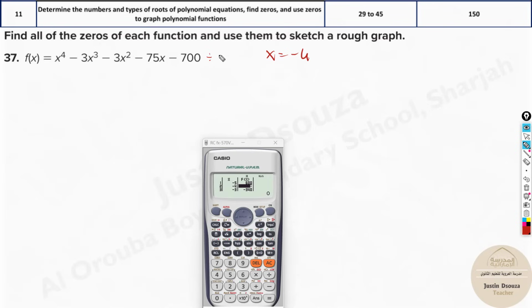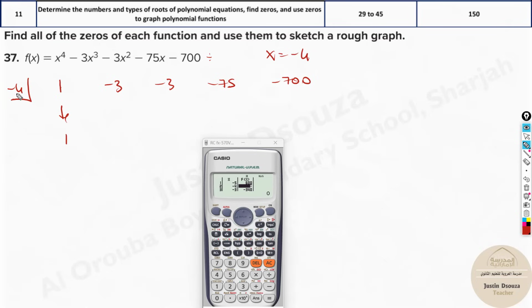So if we divide this by negative 4 by synthetic division, you will get a cubic, and we can easily solve it. Let me do that. Here the coefficients are 1, minus 3, minus 3, minus 75, minus 700. The synthetic division divisor is -4.